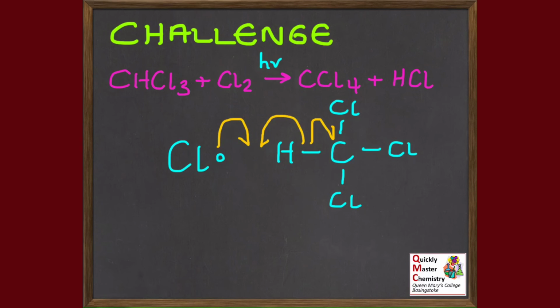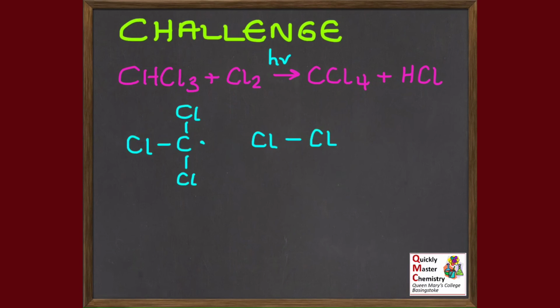off the CHCl3 as shown, typical propagation step, and that's going to give us our HCl, one of the two products, and a new radical, the CCl3. That then can go on and react with something. What can it react with in order to make CCl4? Well, what there's going to be lots of available if you've mixed up a bunch of trichloromethane and chlorine is chlorine molecules.